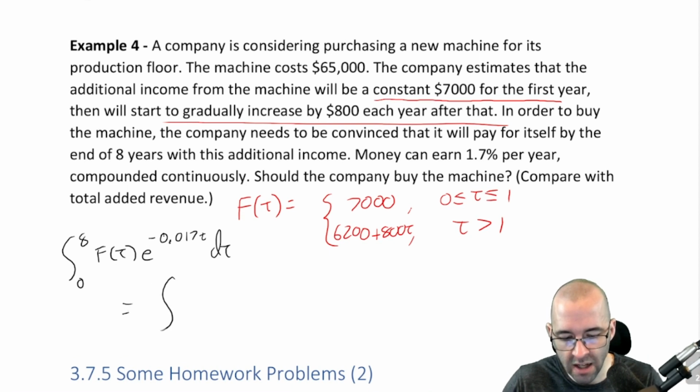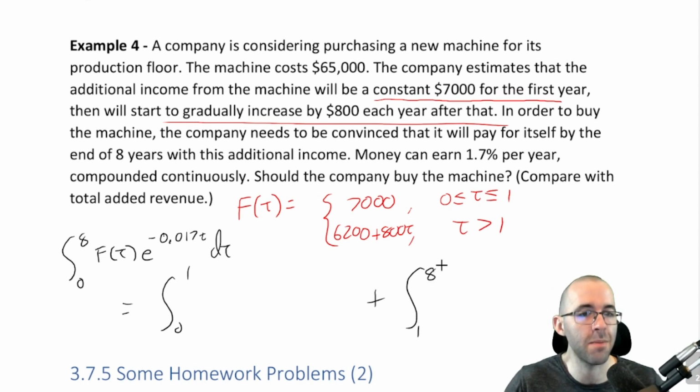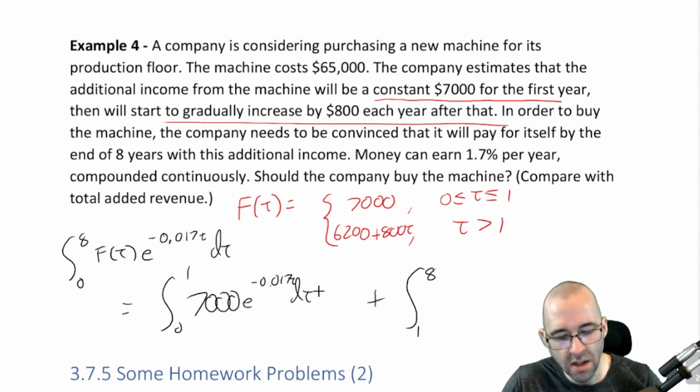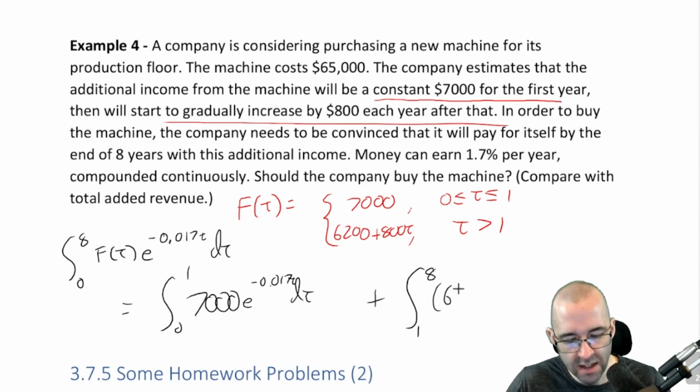This will be the integral from 0 to 1 of the first piece, plus the integral from 1 to 8 of the second piece. So the first piece is 7,000. And the second piece is 6,200 plus 800t. Make sure to have parentheses here.